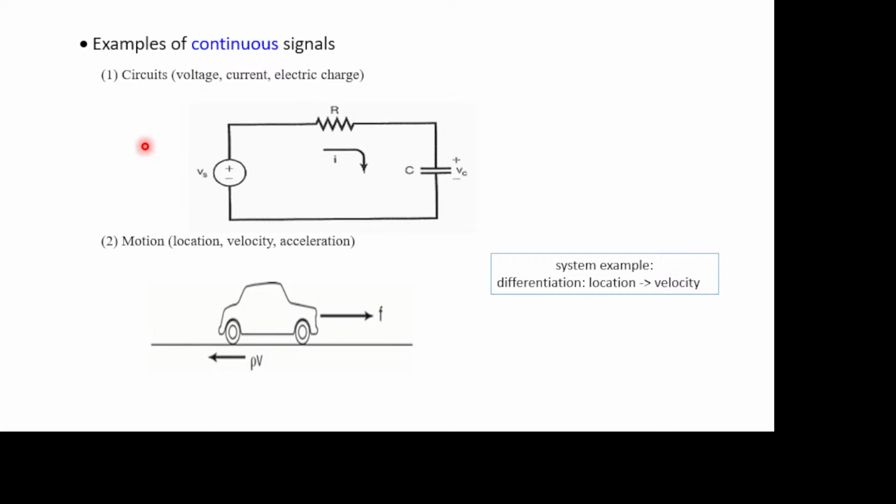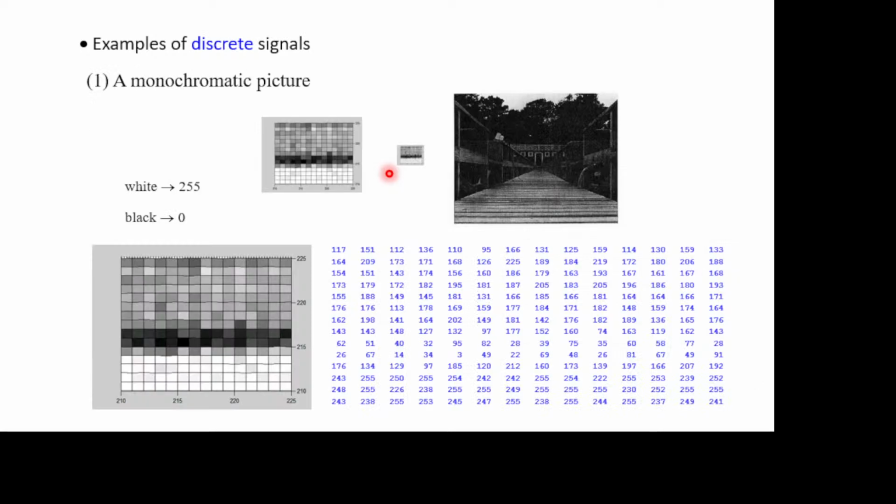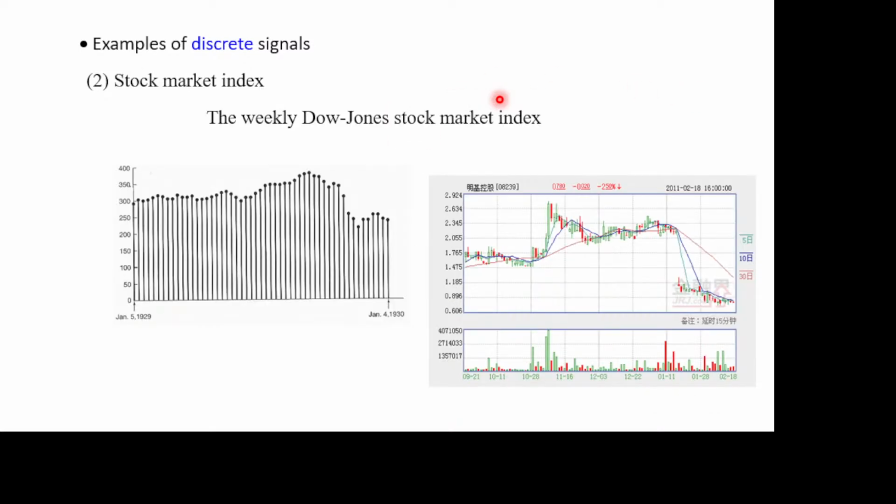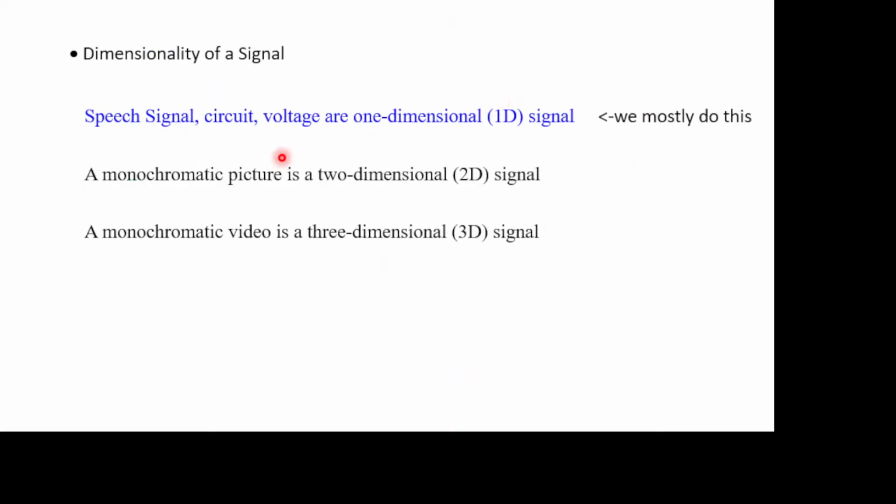Those kinds of signals are all one-dimensional because we are only thinking about voltage, current, and how they depend on time. And obviously there are 2 or 3-dimensional signals, like this picture, which is 2-dimensional. But mostly we'll focus on 1-dimensional signals because most of the time we care about how our signal depends on time.